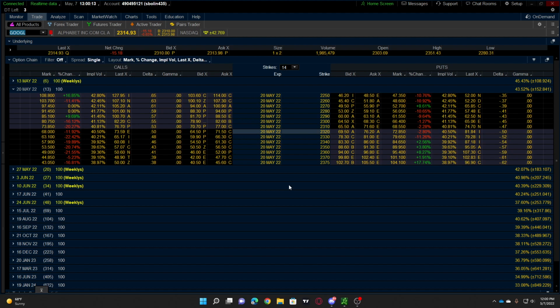This is where you have to get a feel for trading options. And you have to get a feel for trading options in a particular stock. The way that Google's options change in value, for an example, is completely different than how SPY's options change in value, because SPY is one of the most liquid products out there, and it is heavily traded by the machines.